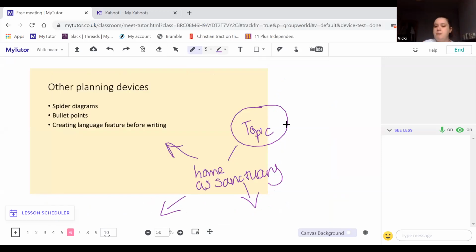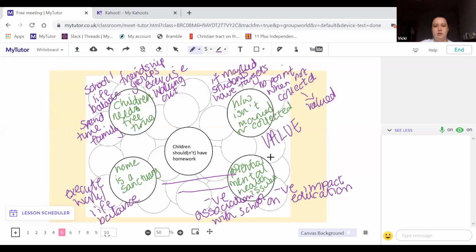The one thing I would say about bullet points, and now I've battered you over the head with you must plan: with bullet points, it's difficult to sometimes get an order. So say I've written those down in the order that they've been written in. And then I think, well, perhaps actually mental health issues here is the most important one, and that's the one I want to kick off with, and then working out how everything else is going to slot in.